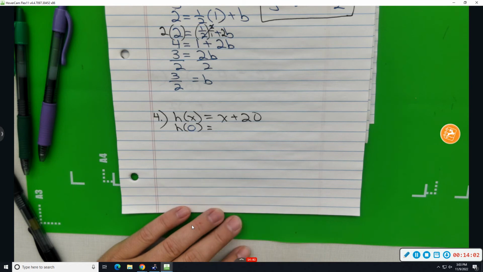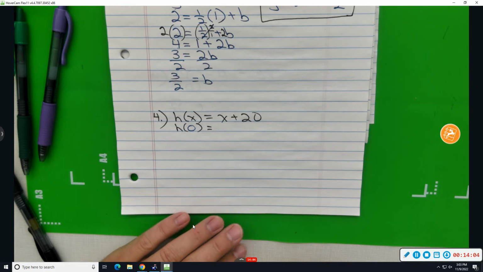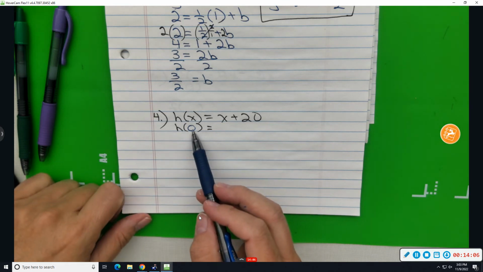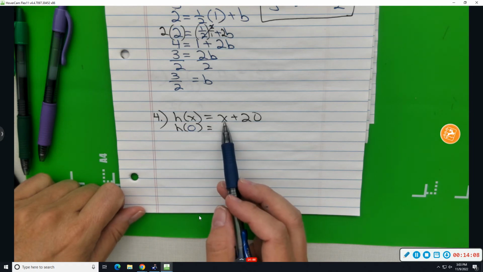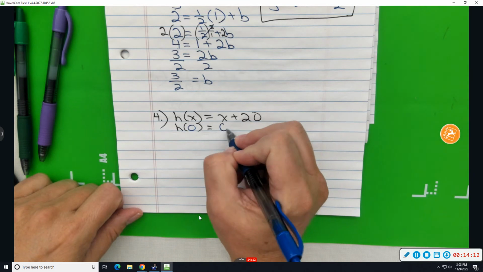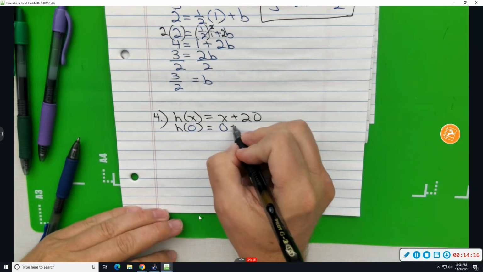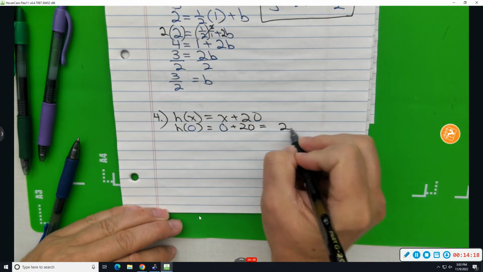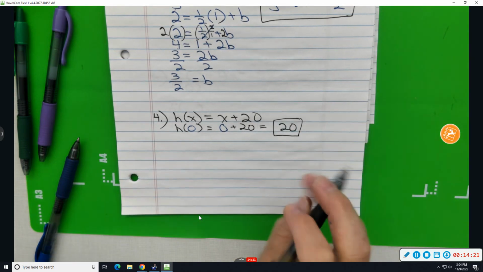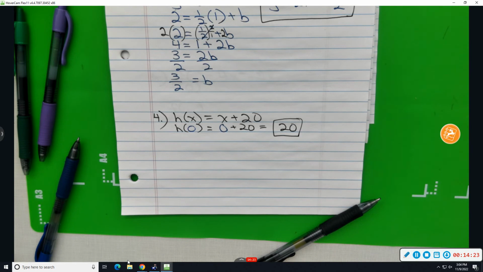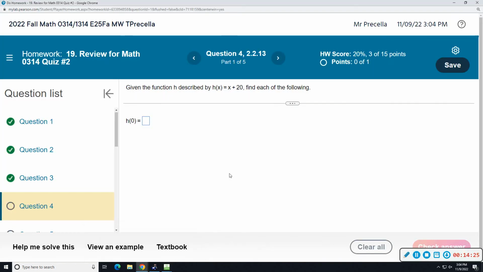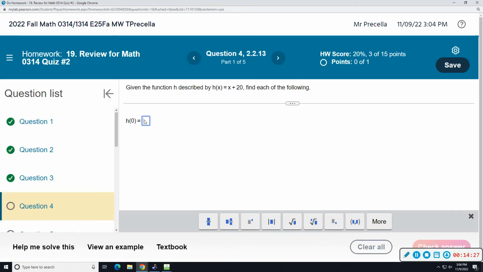What's that notation saying to do? Whatever's in the parentheses, that's what you replace the variable with. So instead of an x plus 20, you have a 0 plus 20, which gives us a y value of 20. h of 0 is 20.